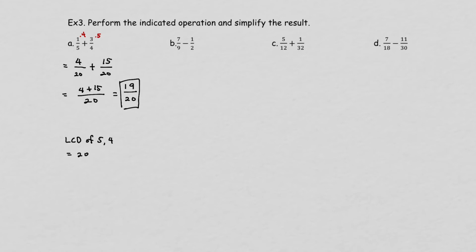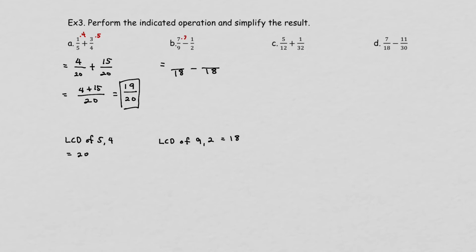Let's try another one with subtraction. You want to make the same denominator first. Least common denominator of 9 and 2. There is nothing in common, so this is going to give you 18. So then it should be 18 on both fractions. 9 to become 18, you're going to multiply by 2.